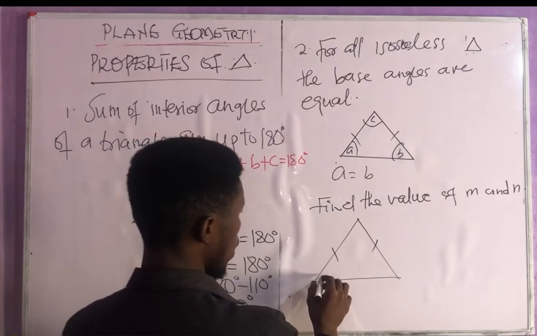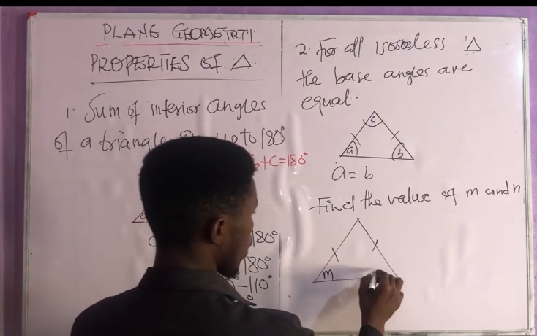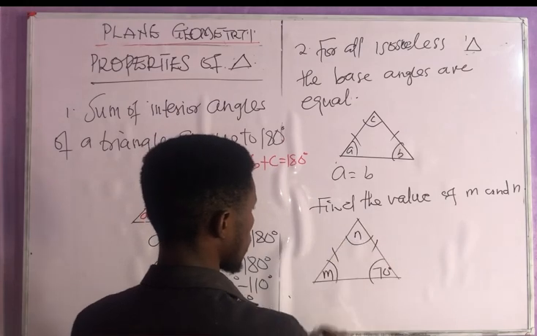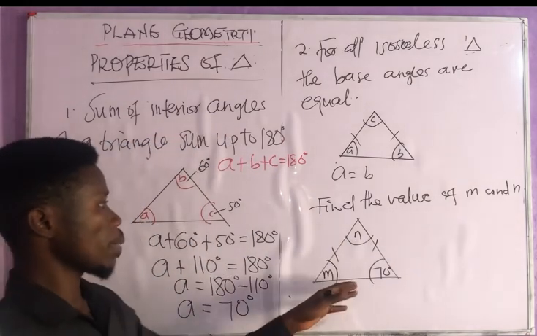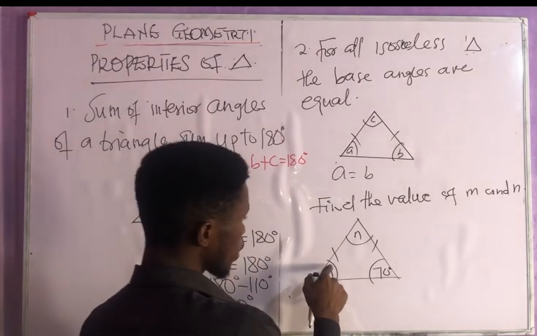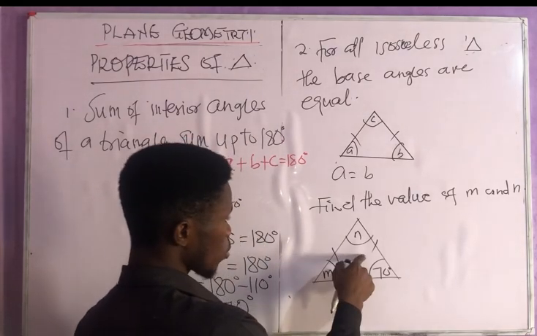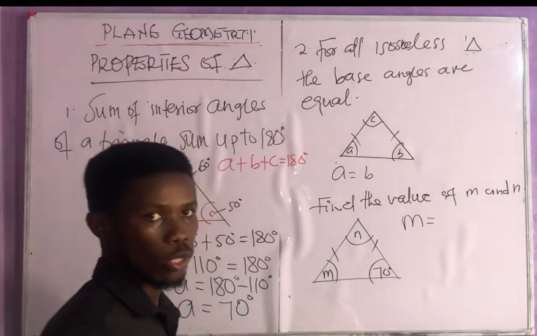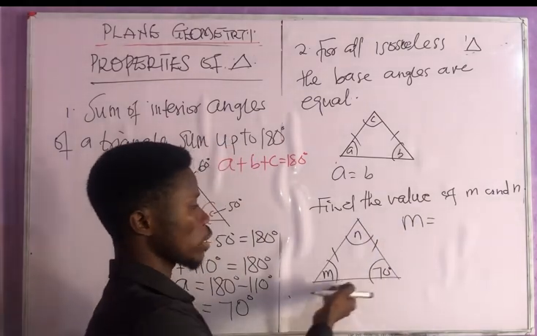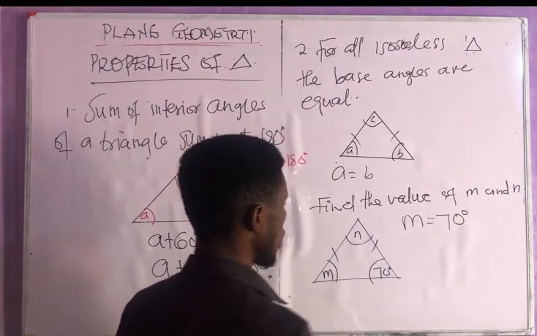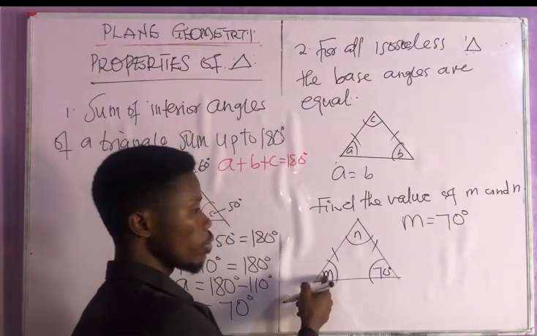Now I have M here, and this side is 70 degrees, and I have my N here, okay? Looking at this example, we know that this and that are isosceles, and if a triangle is an isosceles triangle, then their base angles are equal. It means that M is equal to what? 70 degrees. So our M here too is 70.